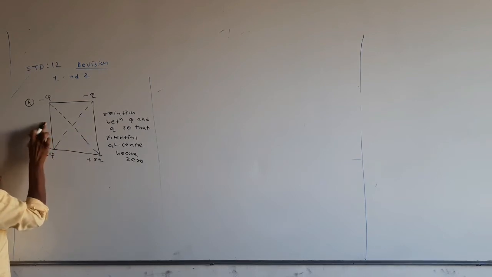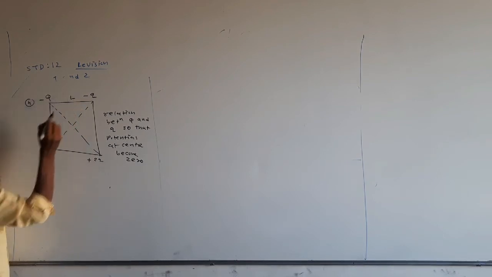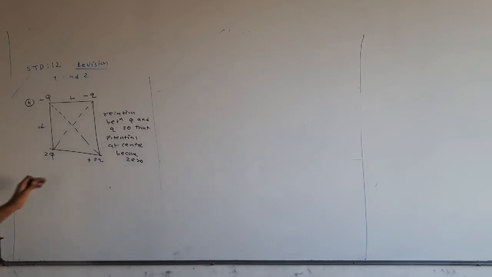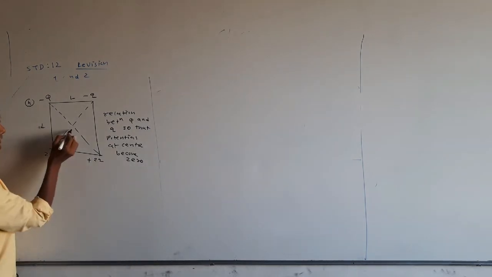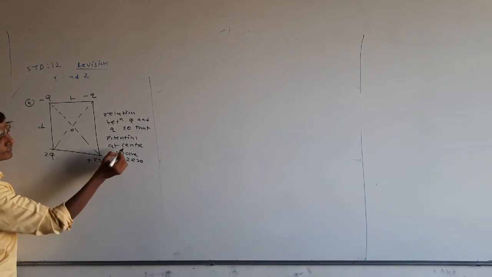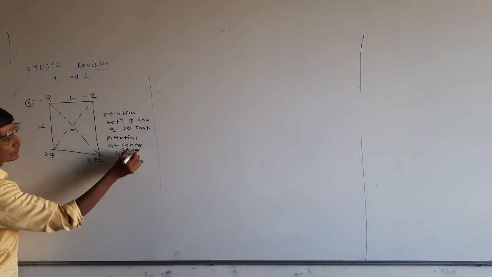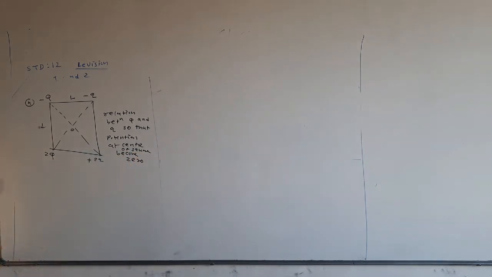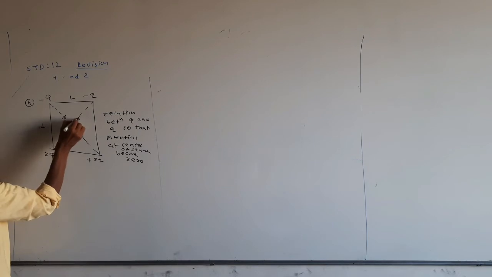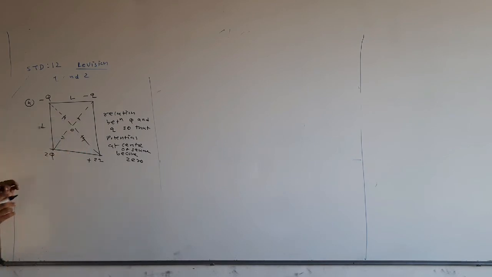Now let us say L is the length of the square. See, at the center of the square, all four sides are equal, so the distance of all vertices from the center will be the same.